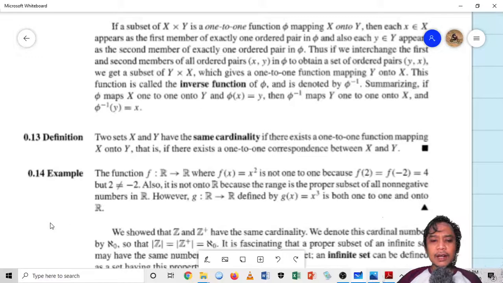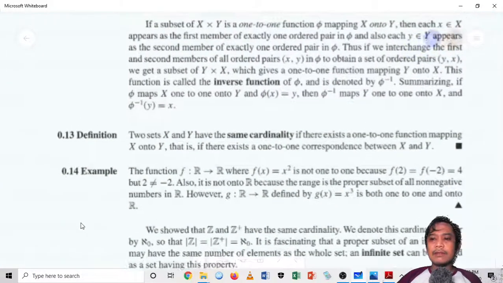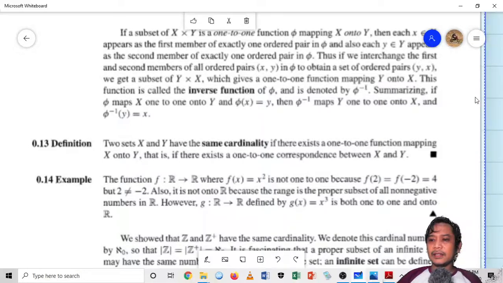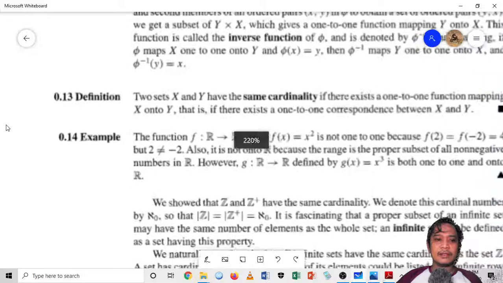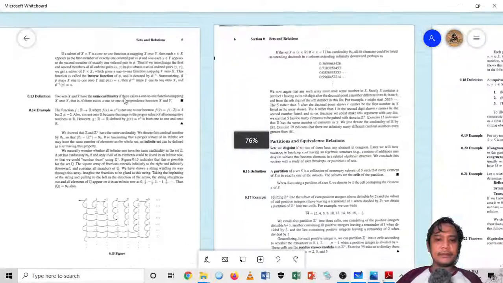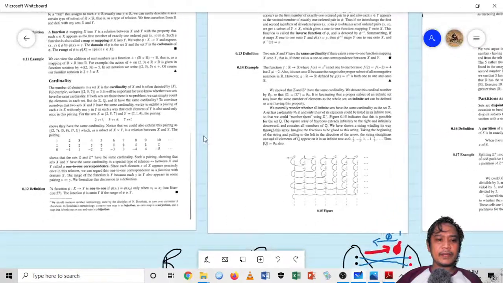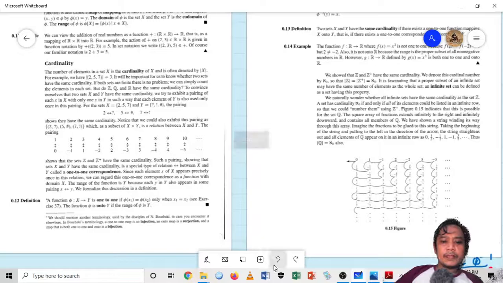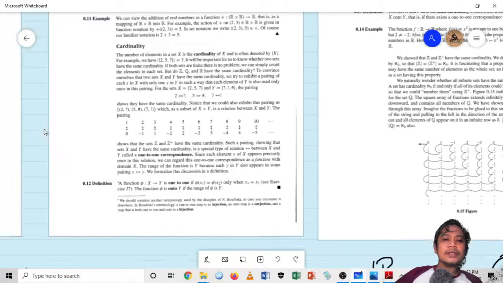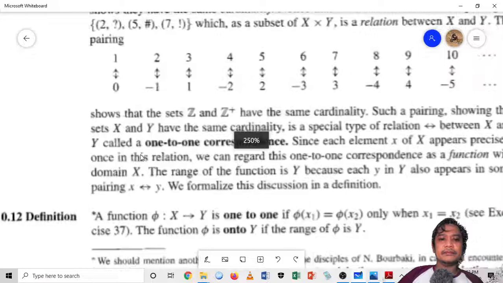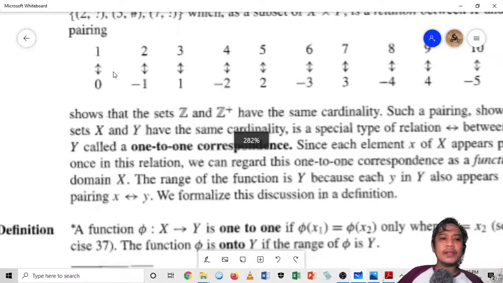Okay, let us go back a bit, and let's go back to the preceding page. In the preceding page, you would see that the set of positive integers is being paired with the set of integers.